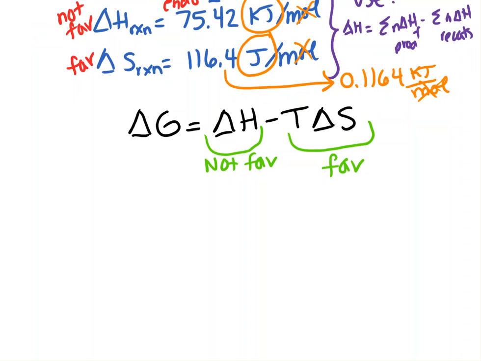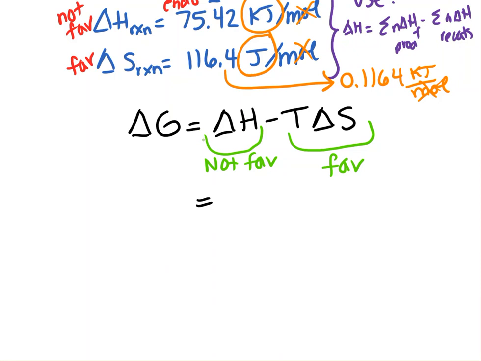So anyway, now we're going to plug in and see what we need to have to make it spontaneous. What is the turning point? This value has to be negative in order for it to be spontaneous. But where's the turning point for that?